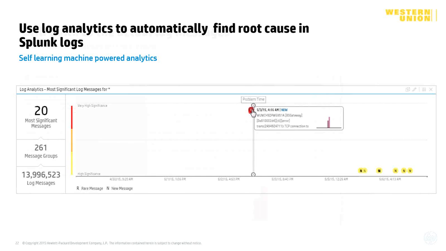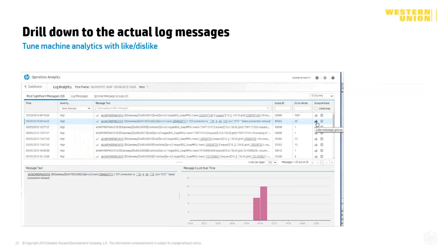And again, you can drill down and click through to the exact messages and find out that, in this case, they found a network connection error that they didn't even know about. So this is the kind of analysis and insights that they wanted to derive from their data, so that they can resolve issues quicker and also be proactive in managing their infrastructure.